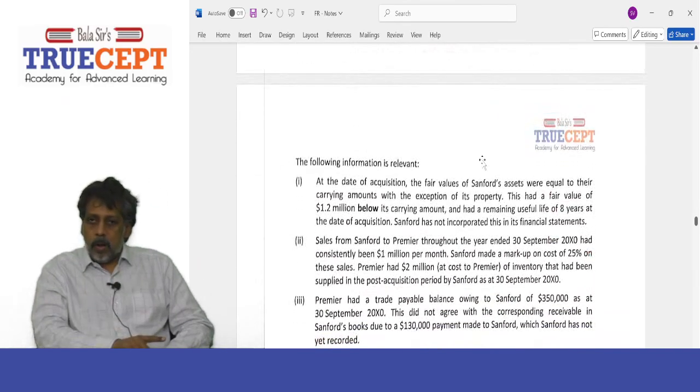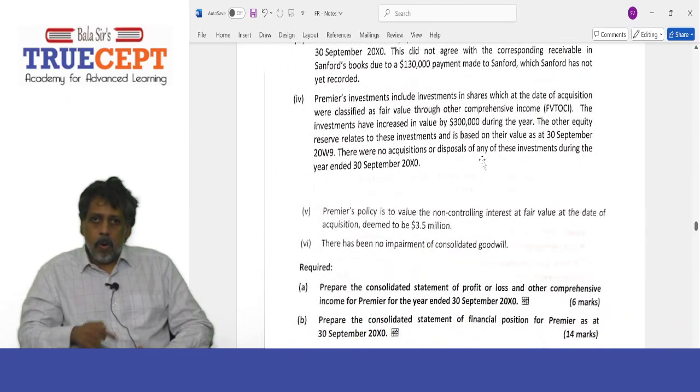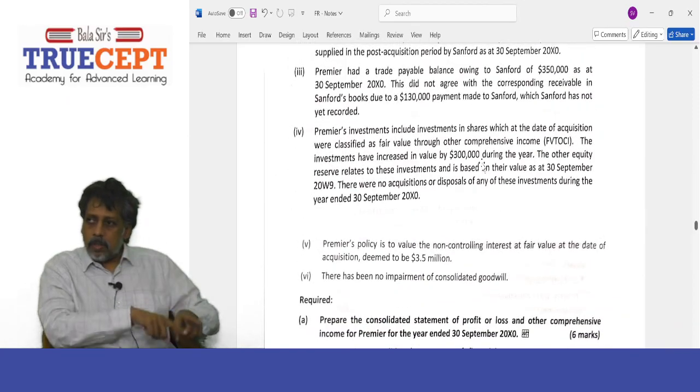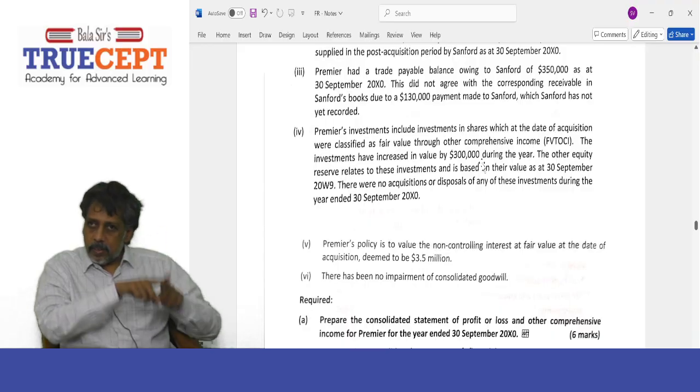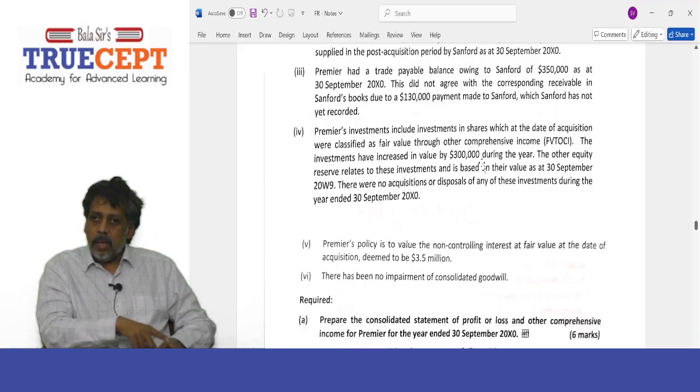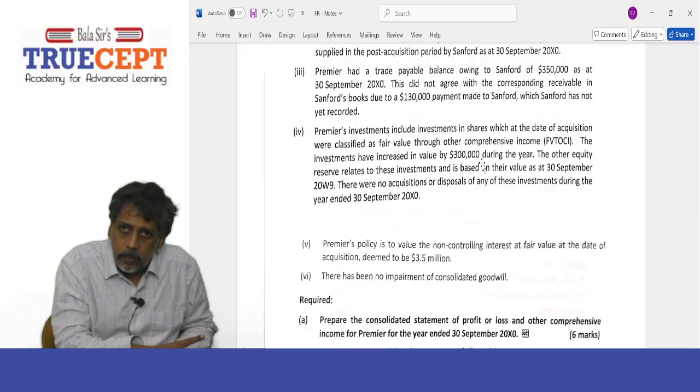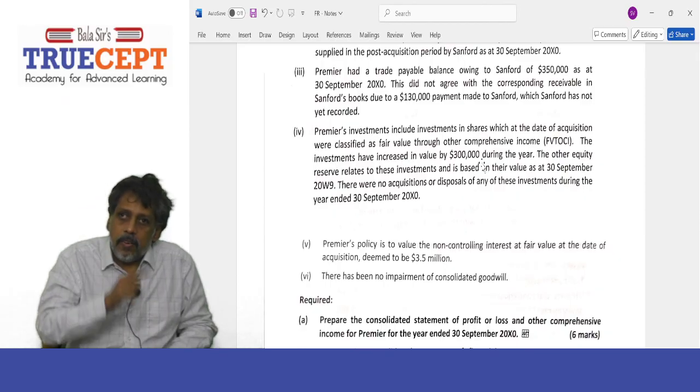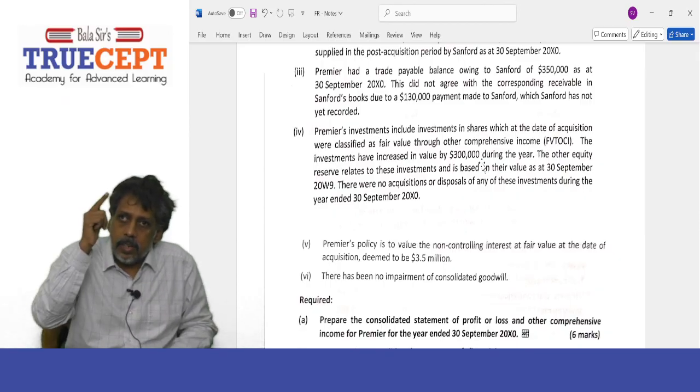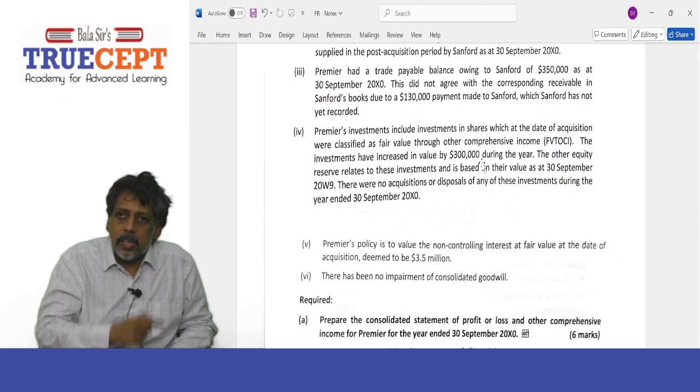Now it is given that on September 30, 20X0, these $1,000 investments on the asset side are worth 1,300. The fair value is $300 extra, right? Now you are supposed to record that increase.